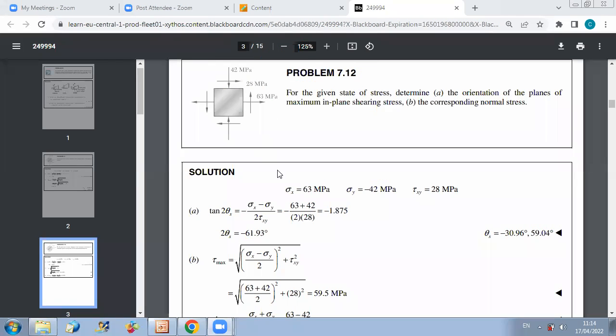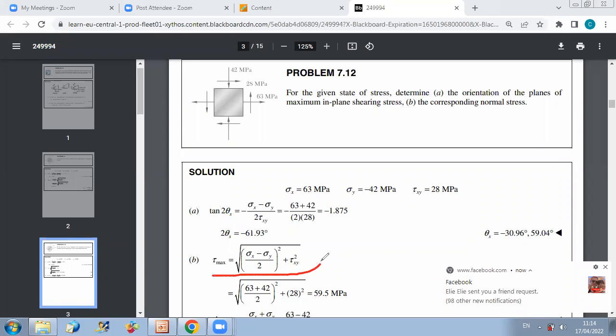Now, they also want you to find the corresponding normal stress. Of course, first, the maximum shear stress is equal to the radius of the circle, and the radius of the circle is related to sigma x, sigma y, tau xy by the following relation: tau max equals the radical of ((sigma x minus sigma y) over 2) squared plus tau xy squared.